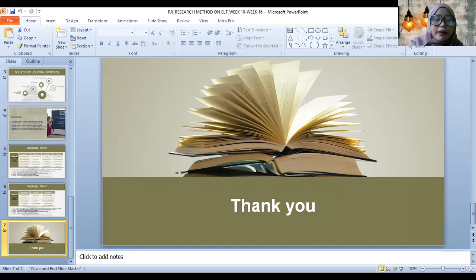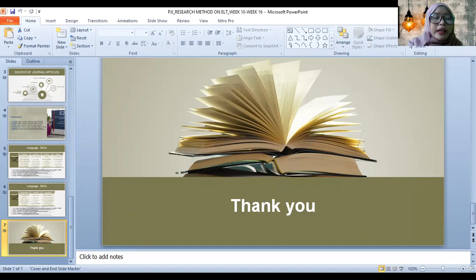So remember the authors' names. Write down the author's name. Last week I showed you how to write the author's name. Write first the last name, and then follow with the initials of the first name and middle names. And if there are 2 or 3 or more authors, then you have to identify them by writing an ampersand before the last author.